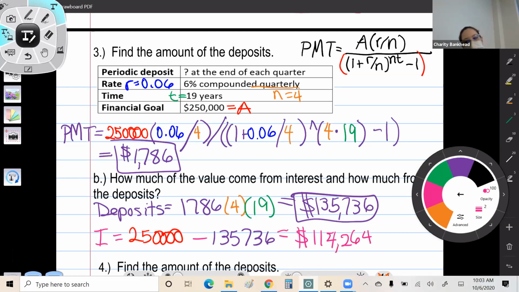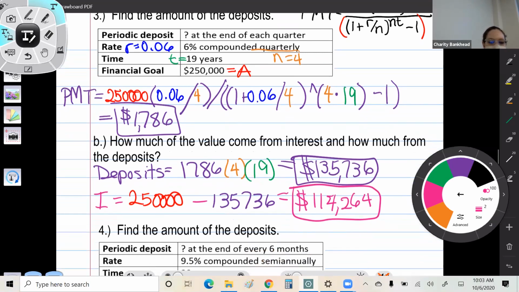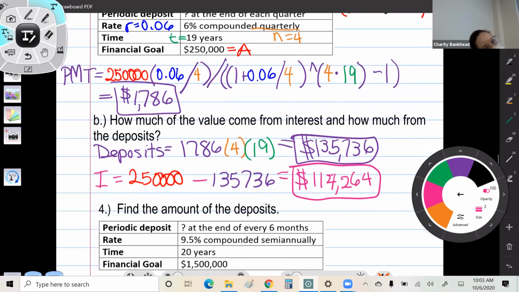So $114,264 of interest. So the amount of interest earned is almost equal to the amount of deposits. Okay, any questions about that?